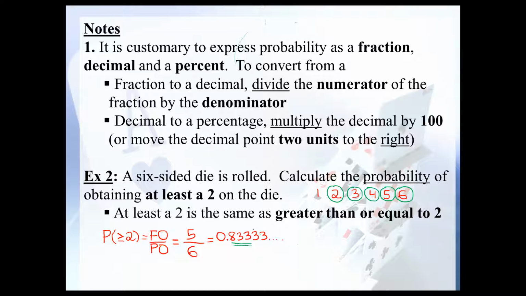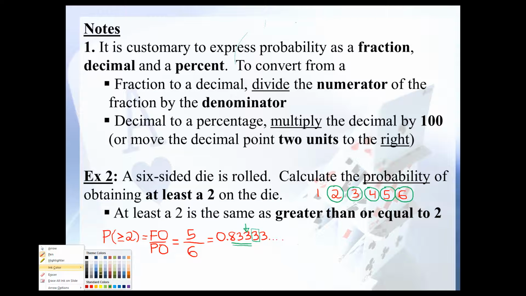To round this, I'm going to look at the number that follows the thousandth position and determine whether or not I'm going to round the digit in the thousandths. Do you round this digit or not? If you look at 0.833, if the following digit is a 3, then you do not round that number up. Only if the following digit would be a number 5 through 9 would you round it up to a 4, so we're not going to do anything there.